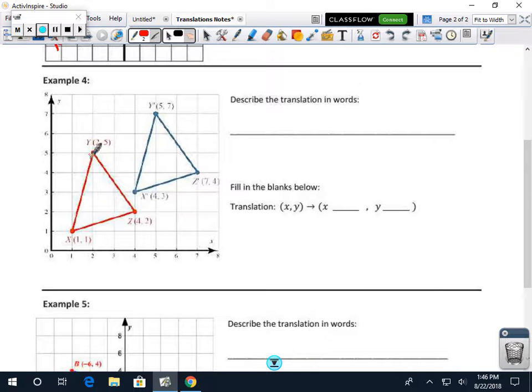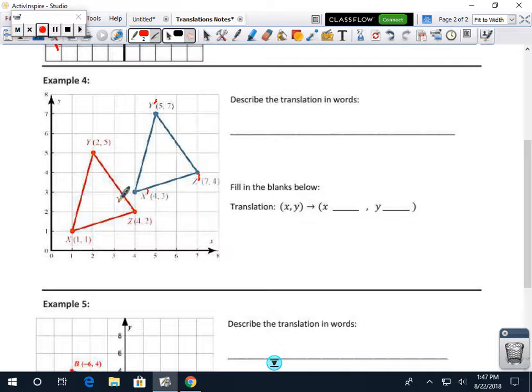The picture on the left here is XYZ, so this would be my pre-image. And then the X prime, Y prime, Z prime, you have to look very closely to see those apostrophes there. This is going to be my image.